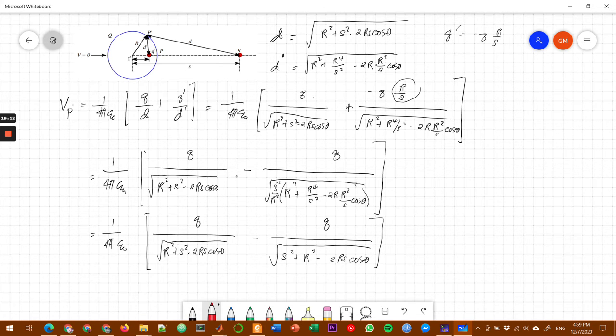Now take a look. This one and this one are the same. So that will give you the potential at P prime is 0. So this is correct, this is the definition.